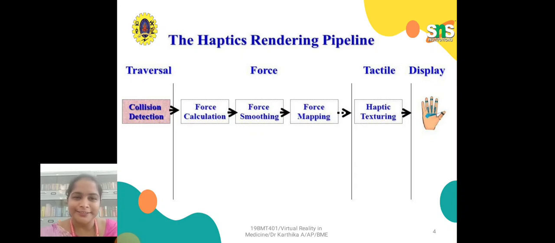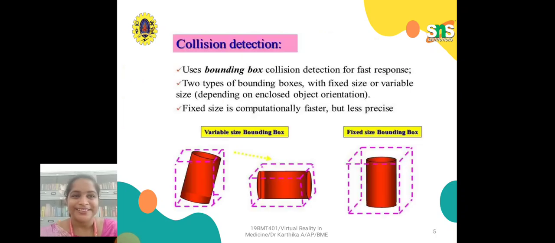What is the necessity of collision detection in virtual reality? Why do we need this collision detection? See here, we have two sizes of bounding box. One is fixed, another one is variable size. Why do we need this fixed and variable size bounding box? Actually, the main motto of virtual reality is to provide a real world experience.